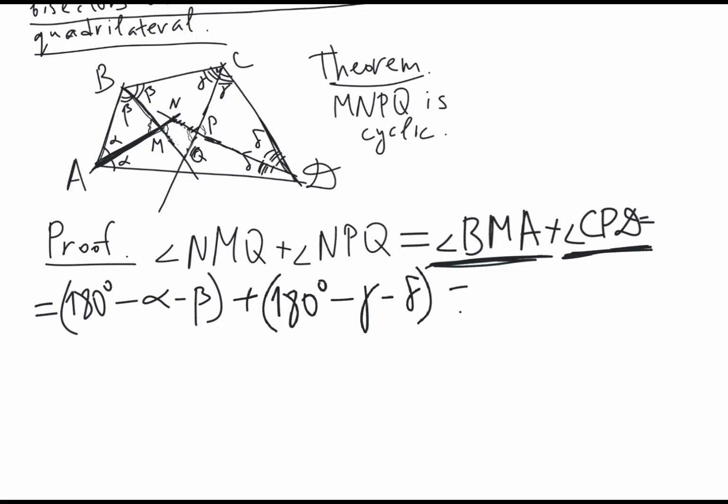So now we can rewrite this as 360 degrees minus (alpha plus beta plus gamma plus delta). Now what is this sum alpha plus beta plus gamma plus delta?